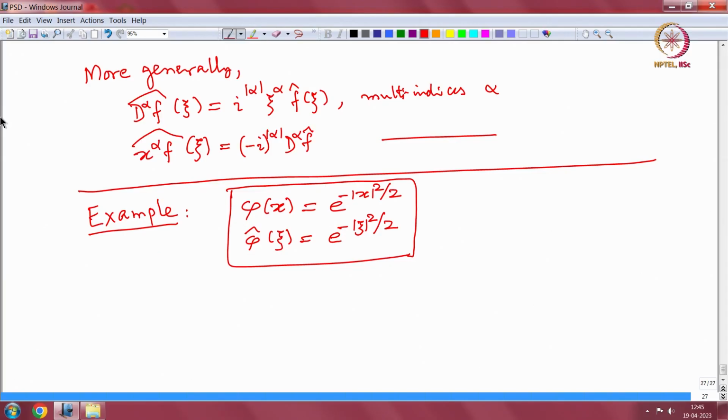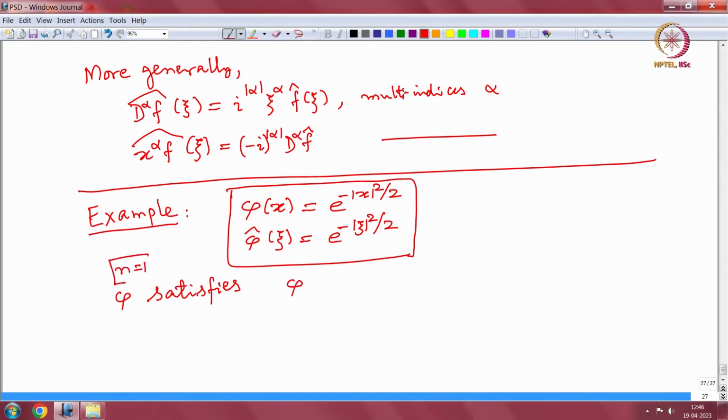If you look at it, phi satisfies this linear ODE. Again, let me take n equal to 1.